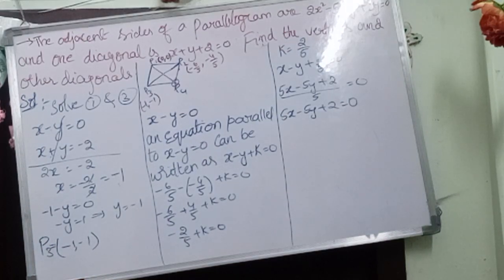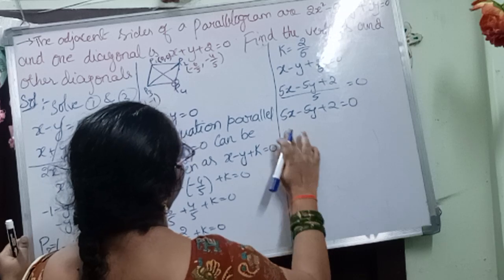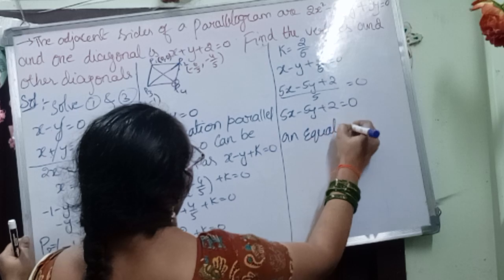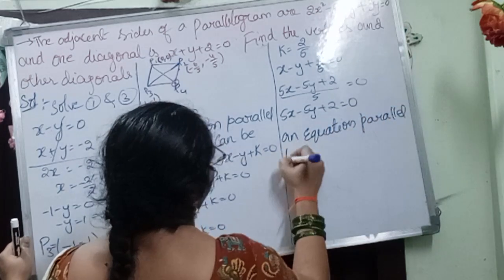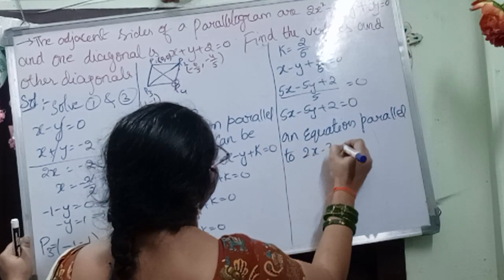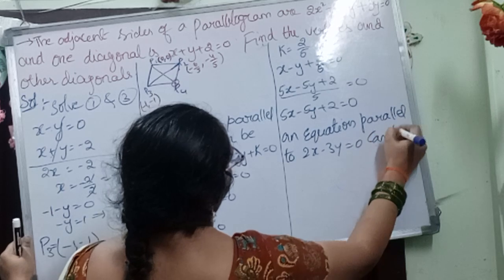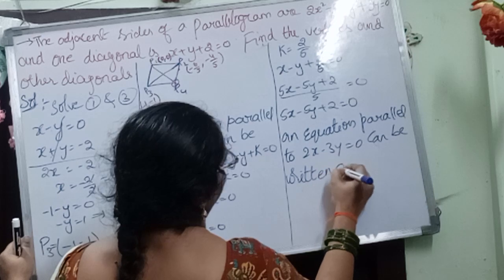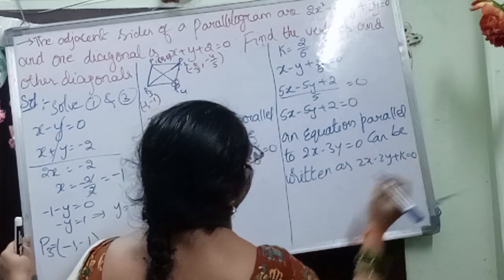Equation 2 is 2x minus 3y. An equation parallel to 2x minus 3y equal to 0 can be written as 2x minus 3y plus k equal to 0.